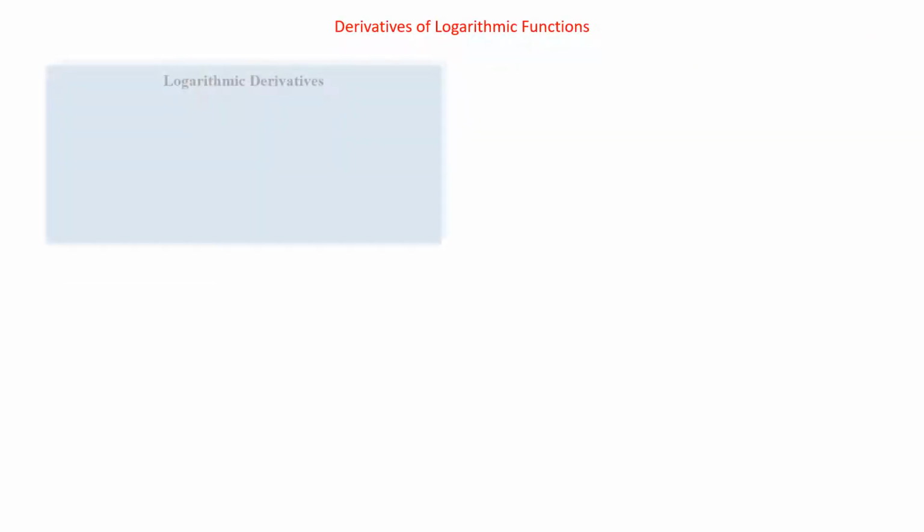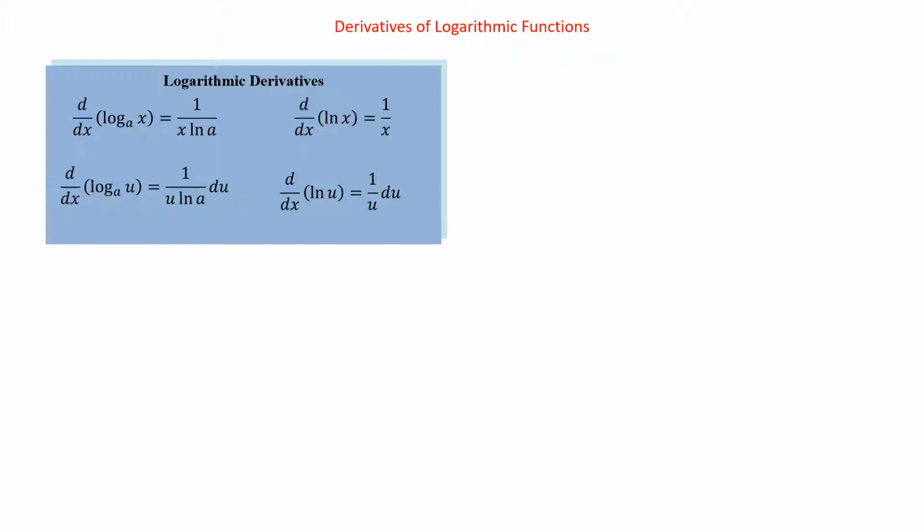Logarithmic functions, we again have two. We have a normal base, just a regular whatever base we want, and we also have base e, which is the natural log. So when it's just any base, it'll be 1 over x times the natural log of that base. The derivative of the natural log of x is just 1 over x, because again, natural log of the base e is going to be 1, so that goes away.